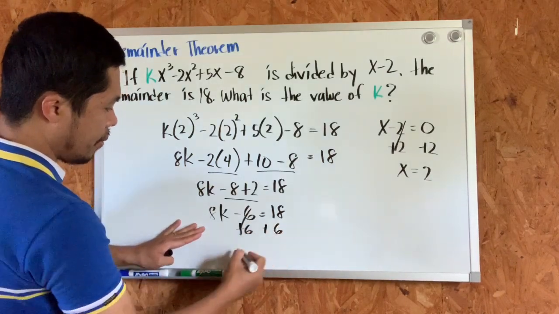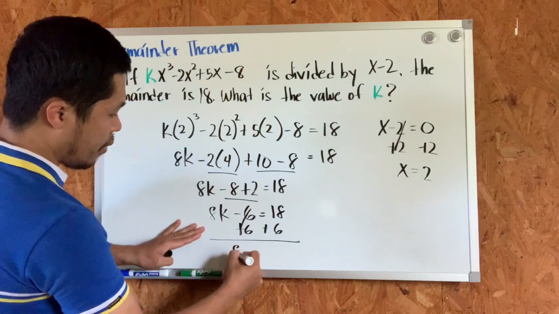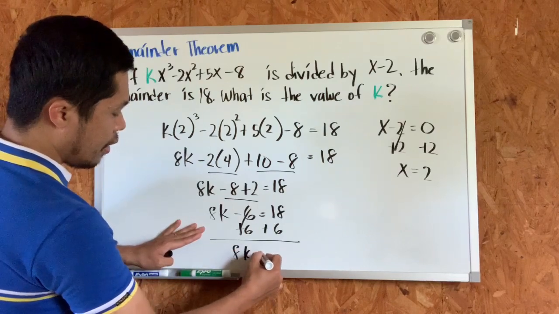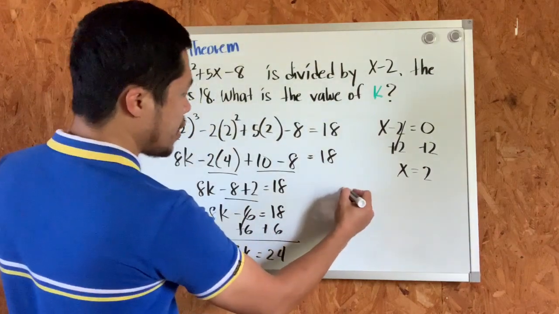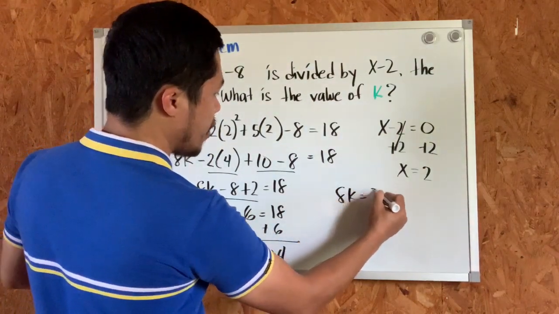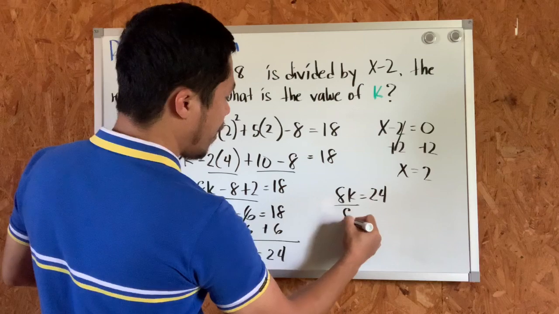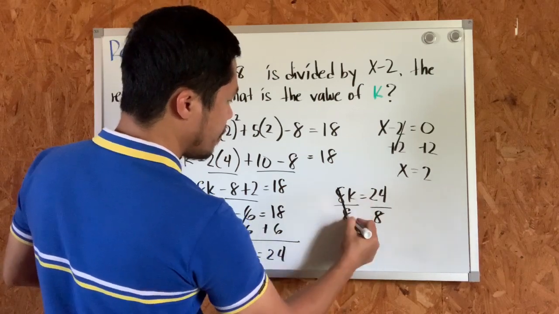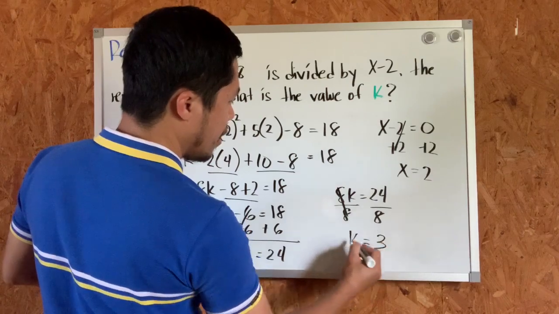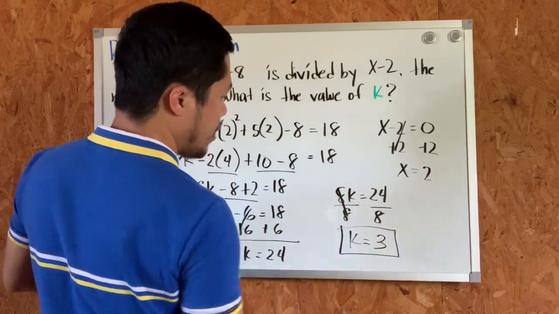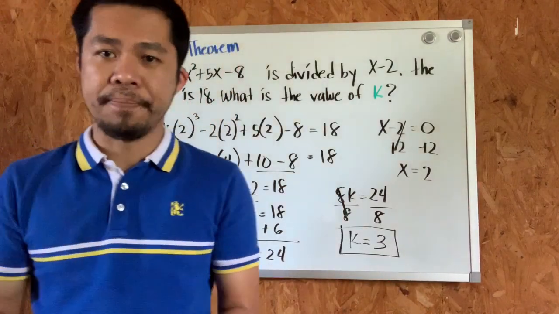It's plus 6 and plus 6. So this will be equal to 8k equals 24. And finally, since we have 8k equals 24, we will divide both sides by 8. We'll cancel that. So our k is equal to 3.